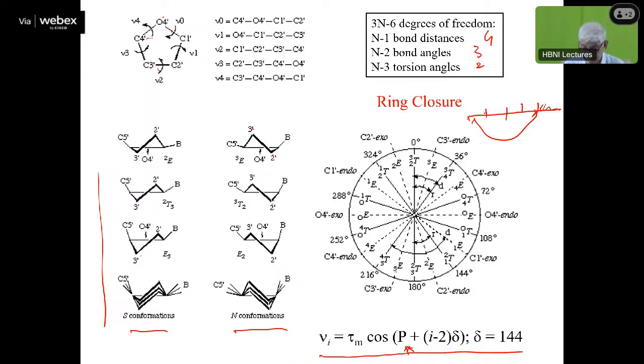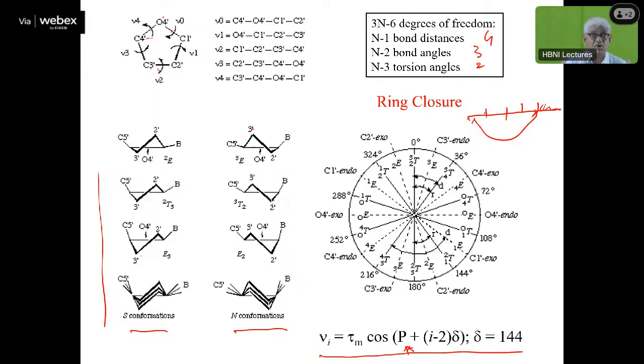Nu1 becomes P minus delta. Nu2 is P only, because 2 minus 2 cancels. Nu3 is P plus delta, and nu4 will be P plus 2 delta, and the cosine of that.